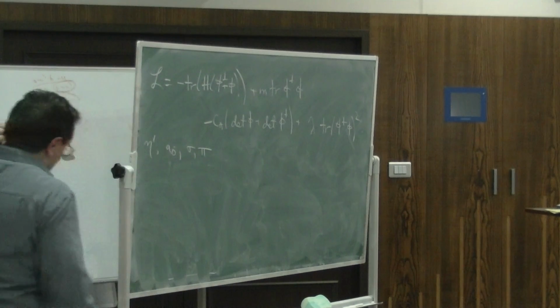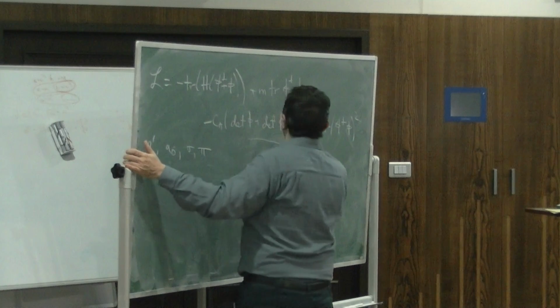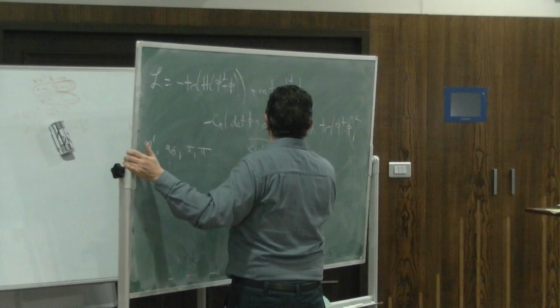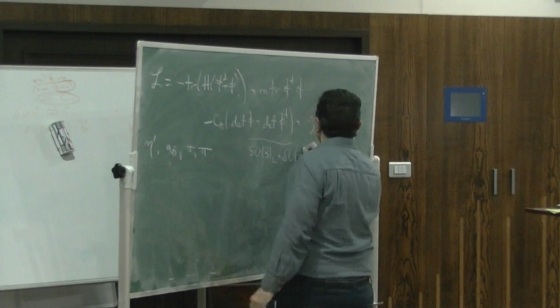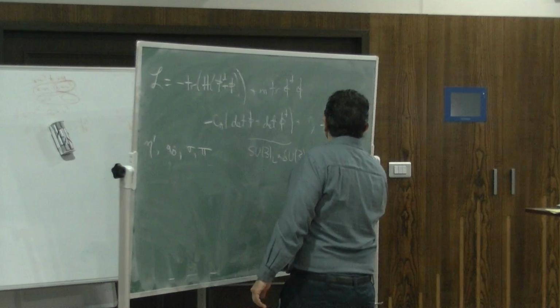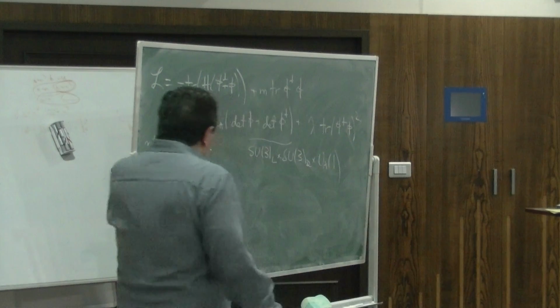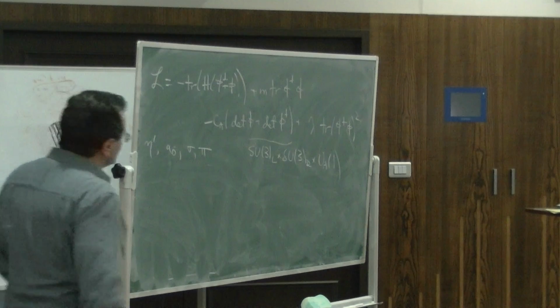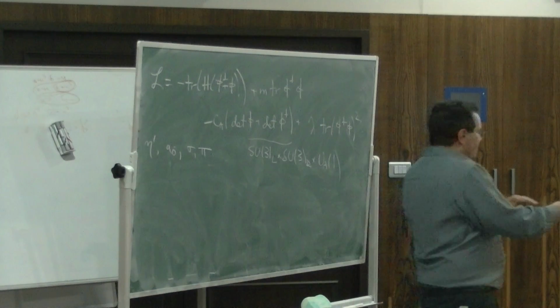And in fact, there's a trick. The trick is the following. The symmetry here is SU(3) left times SU(3) right times axial U(1). And what you can show is that the thing that will break.